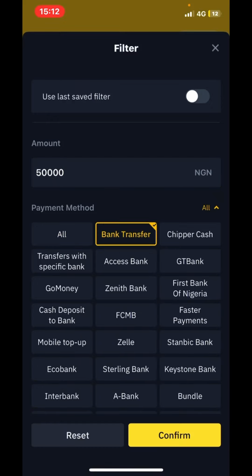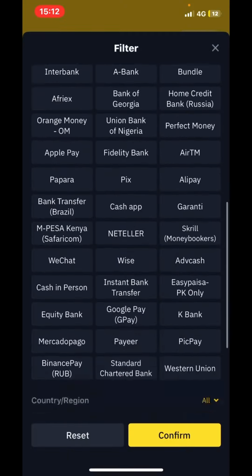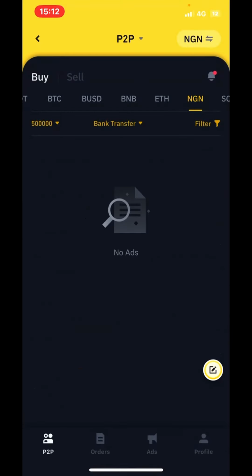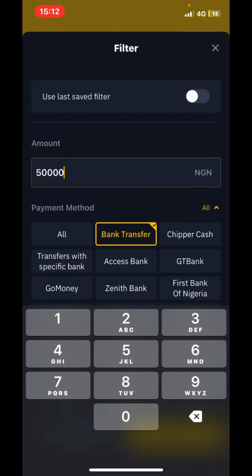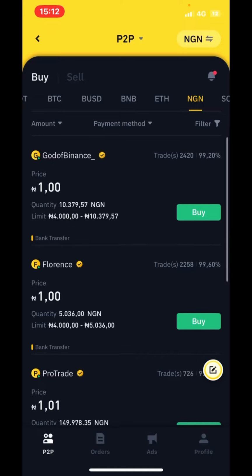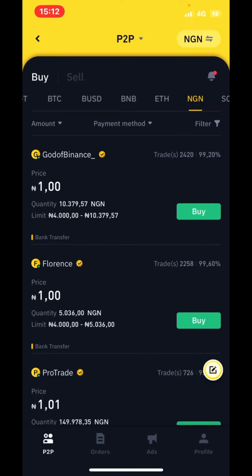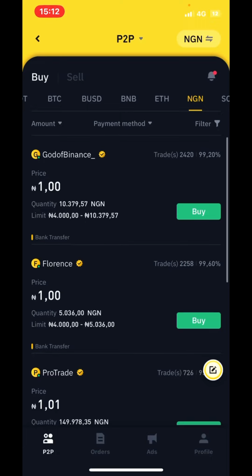Bank transfer. Go. It's not bringing anything. Let's say we buy this NGN here. We have equivalent to 500,000 NGN on our account.